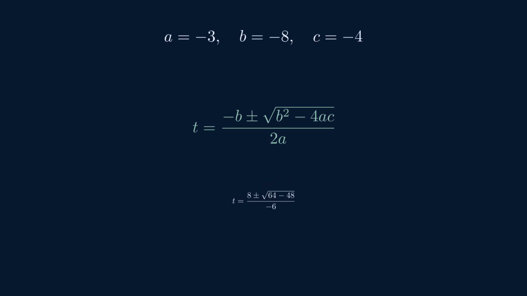This is a quadratic equation. Let's solve it using the quadratic formula. t = (-b ± √(b² - 4ac)) / 2a. Here, a = -3, b = -8, and c = -4. t = (8 ± √(64 - 48)) / (-6) = (8 ± √16) / (-6) = (8 ± 4) / (-6).